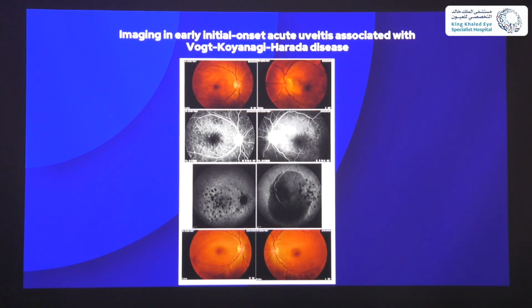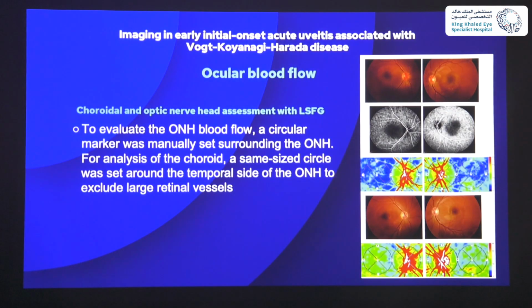So in this study, these are the type of patients, initial onset acute VKH disease. And here, this is one patient. To evaluate the optic nerve head, we position a circle the same size as the optic nerve on the optic nerve. So the blood flow in this area is representing blood flow in the large retinal vessels.